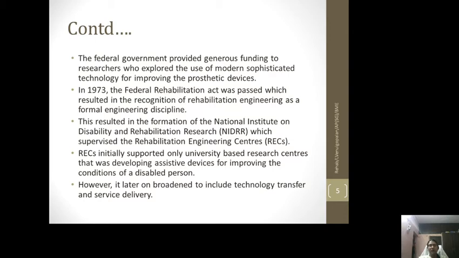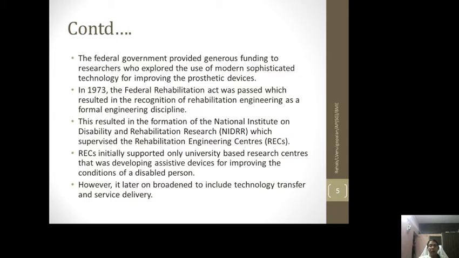So now this can be compared with the relationship between a teacher and a student. So the teacher teaches the student, the head of the department monitors the performance of the teacher, and the principal monitors the performance of the head of the department.